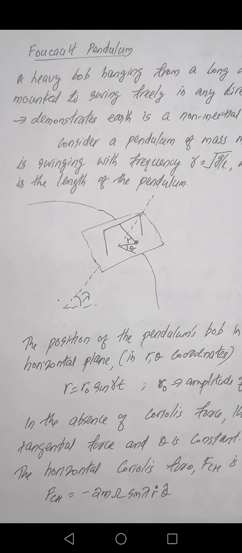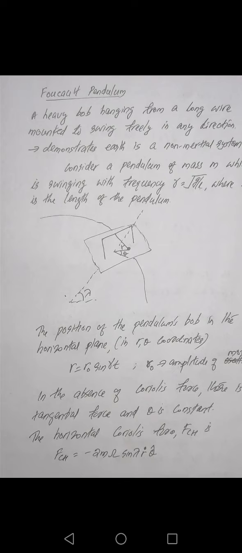Okay, so if there is no Coriolis force, what happens? There is no tangential motion. It will simply oscillate, right? And theta is a constant value.